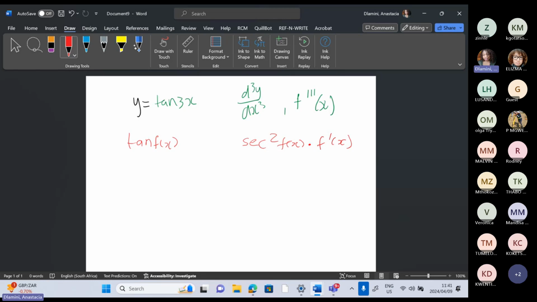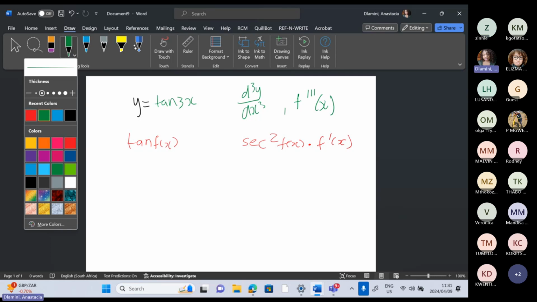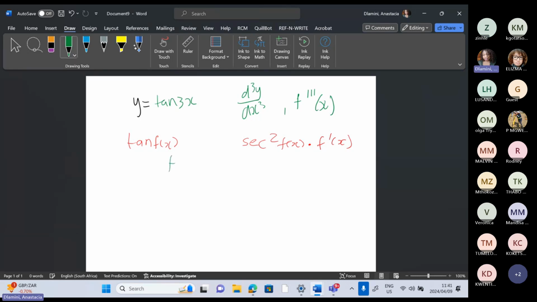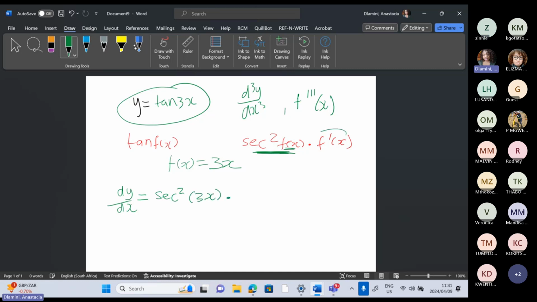So it's what we have in our notes. Meaning our function f of x here is 3x. The first derivative will be equal to sec squared of the function, in this case 3x, times the derivative of the function, which is 3.